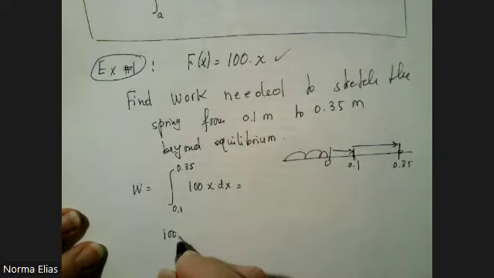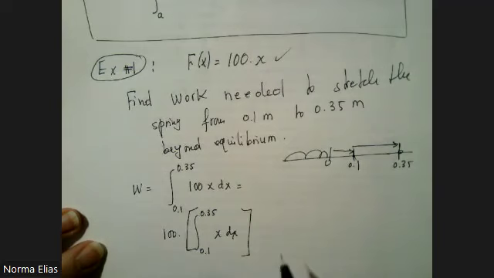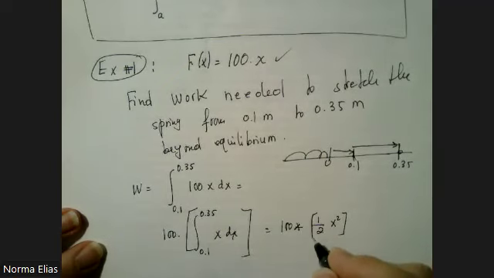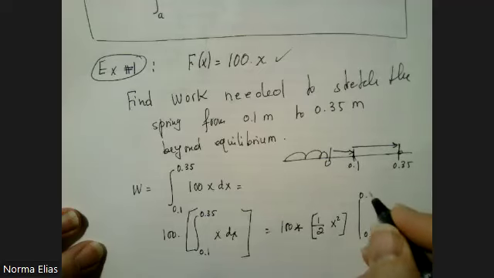And now we integrate this. 100 is a constant times the integral from 0.1 to 0.35 of x dx. So this is 100 times the antiderivative, a half x squared, between 0.1 and 0.35.